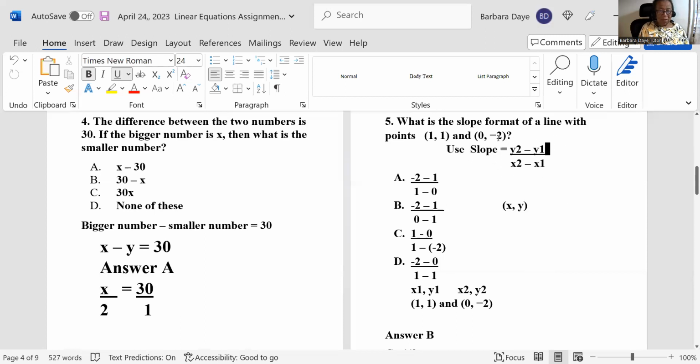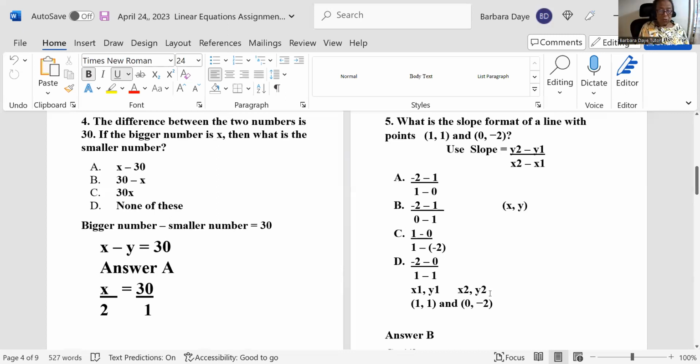Y2 minus Y1. If I chose Y2 as -2 and my X2 is 0, then in my numerator I'll have -2 minus 1. Which ones have -2 minus 1? A and B, right? Between A and B, which one would you pick?